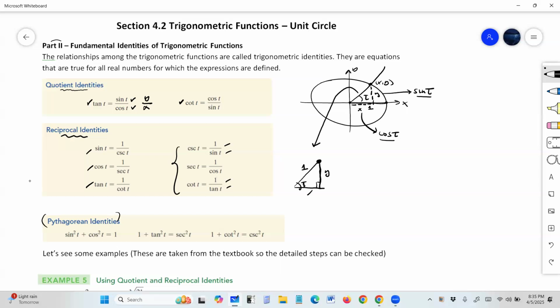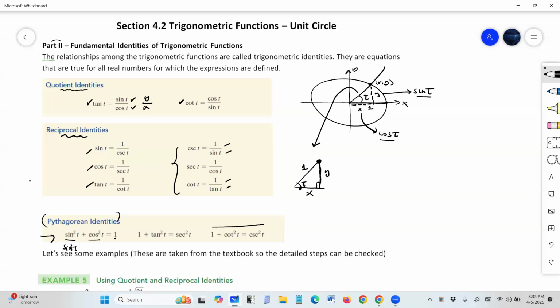This is y, and this is x, and here's my triangle. So the identities that form are here. Sine squared t plus cosine squared t equals 1. 1 plus tangent squared t equals secant squared t, which is obtained by dividing everything here by cosine squared t. And then the last one is 1 plus cotangent squared t equals cosecant squared t.